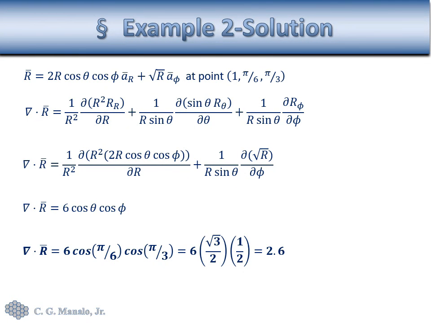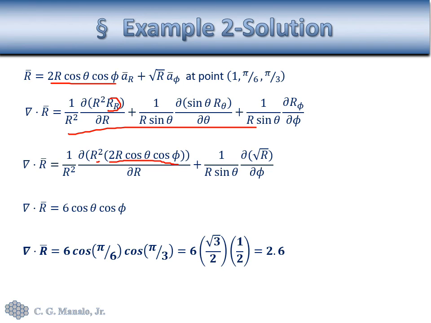In this example, the vector field is given in spherical coordinates. Take note, we don't have a component along the theta axis. This is the formula. First, we note that this term here is this one, so we substitute it here. First we combine it with r squared here and we get an r cubed.